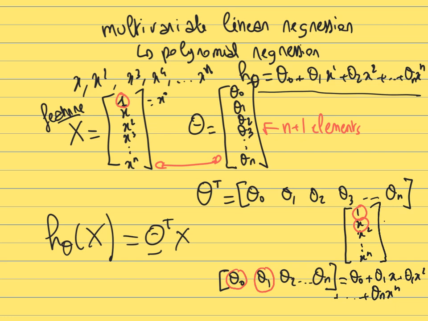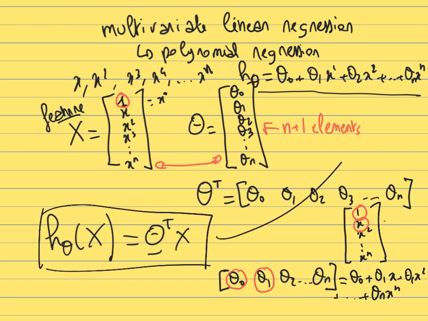So this product between the two matrices is exactly the same as what we wrote before, but expressing the features as a vector and the coefficients as a vector makes it possible to have a much more concise way of writing the hypothesis of the model, just as a product of two vectors.